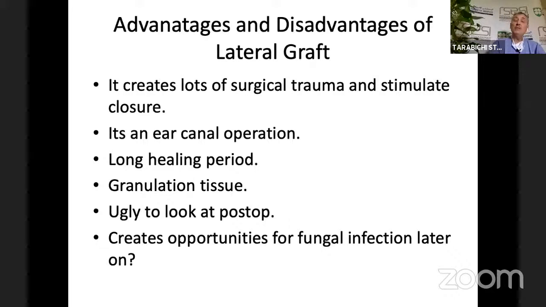I've noticed quite a few times that after lateral graft technique, the patient is having recurrent fungal infections in the ear canal. Again, I'm very interested in whether other people have had the same observation.